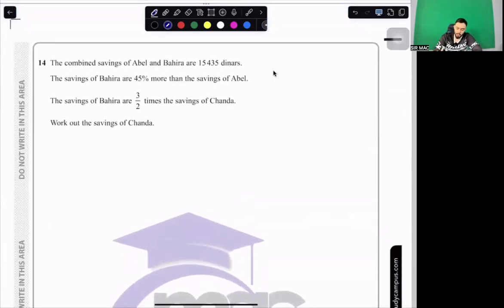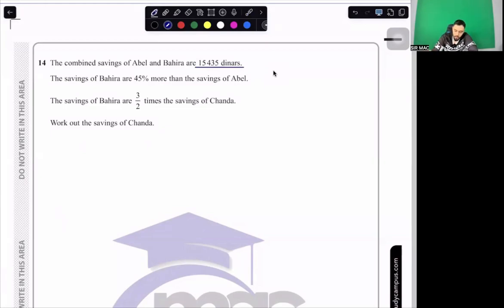The combined savings, so this is good. Combined savings of Abel and Bahira are 15,435 dinars. That's the total combined savings.